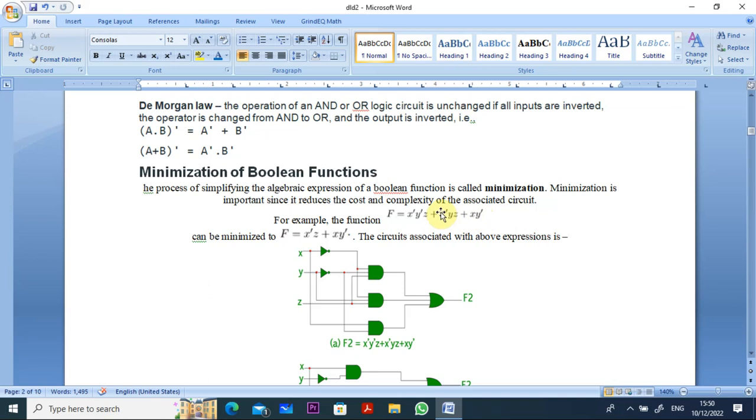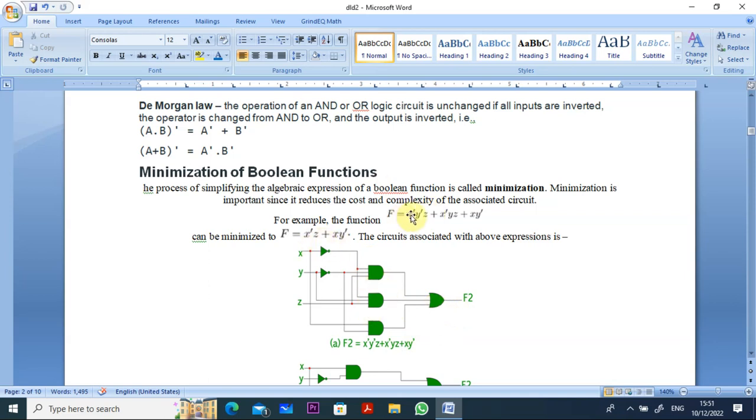So this is the function. Can we minimize it? Because you can see how many AND gates there are: 1, 2, 3, 4, 5 AND gates, and here 2 OR gates. So you minimize all of these.